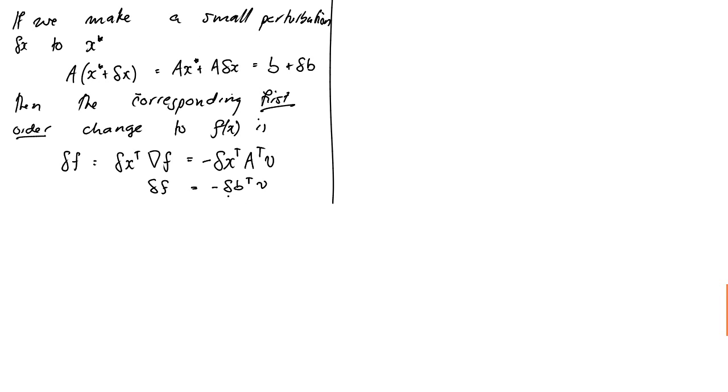You can think of it as increasing the right hand side b by delta b, and it tells me that delta f changes by an amount weighted by these Lagrange multipliers. So just as in linear programming, the Lagrange multipliers are taking on the role of these shadow prices. They tell us how much for a small change in our right hand side our objective is going to change.